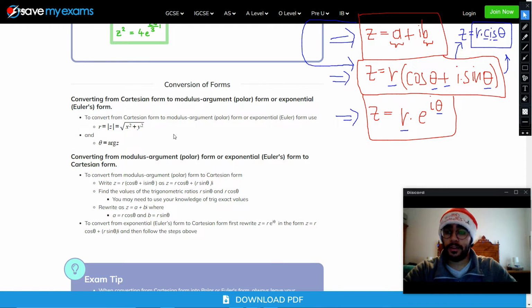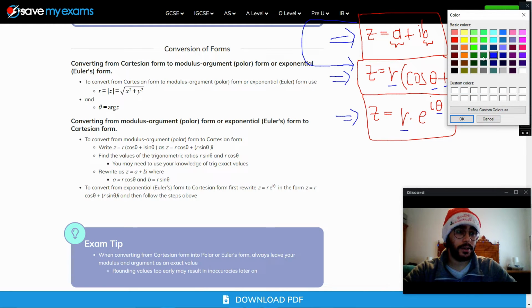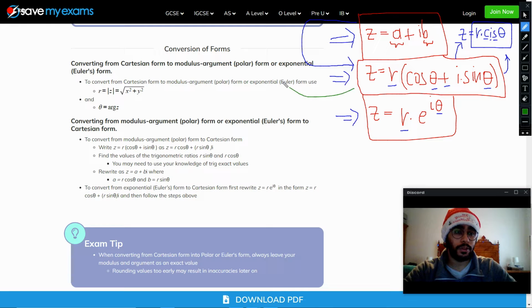Okay, converting now from modulus argument polar form or exponential form to the Cartesian form. So this way, from Cartesian to polar or Euler's form, is kind of more complex compared to the other way around. So if you are required to convert this to Cartesian form, then it's much simpler. Why?